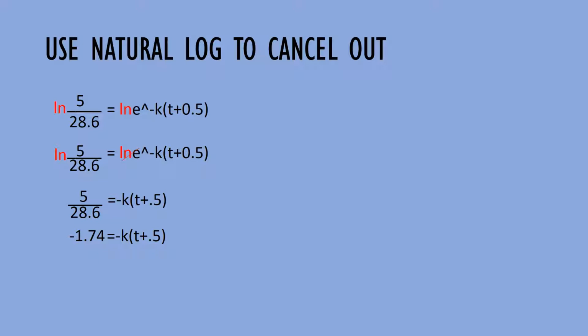So as we did before, we cancel out the e and the natural log, and we are left with the natural log of 5 over 28.6 equals negative K times (T plus 0.5). Once we have this, we can proceed to simplify, and we are left with negative 1.74 equals negative K times (T plus 0.5).